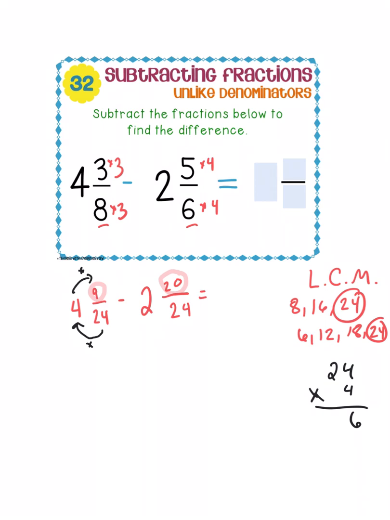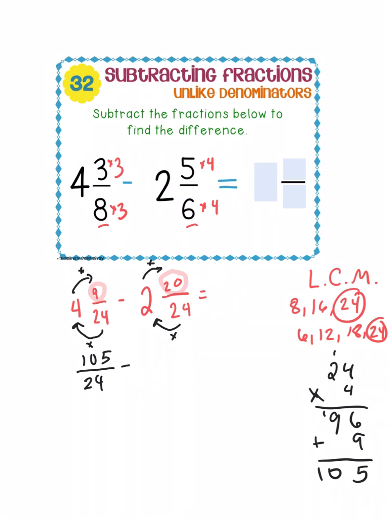4 times 4 is 16, and 4 times 2 is 8, plus 1 more gives me 9, so that's 96, plus 9 more gives me 105. So this is going to be in improper fraction form, 105 over 24 minus, let's convert this fraction to an improper fraction.